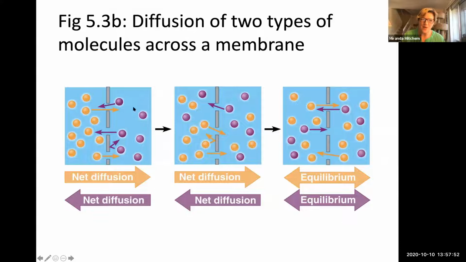So now the direction of diffusion for the purple molecule is opposite the direction for the gold one. And it eventually reaches its own dynamic equilibrium. This may happen at the same time, or it may happen at a slightly different time. What I'm trying to impart upon you is that each molecule has its own gradient, and each molecule follows its own concentration gradient.